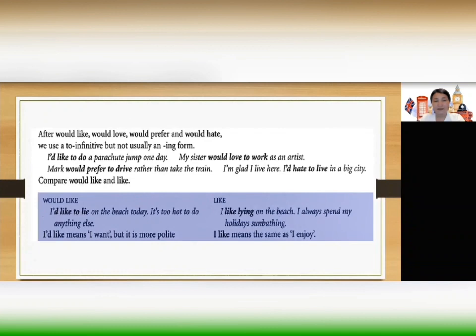And the next is just like. For example, I like lying on the beach. I always spend my holidays sunbathing. And here, I like means the same as I enjoy.